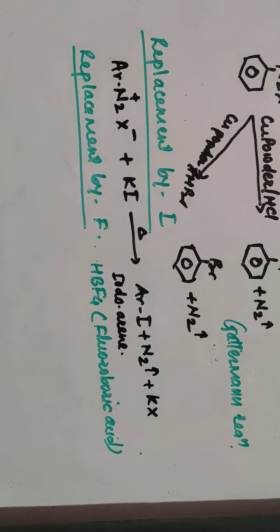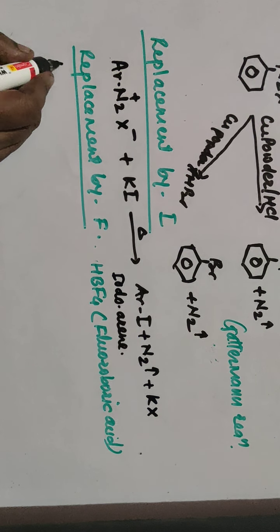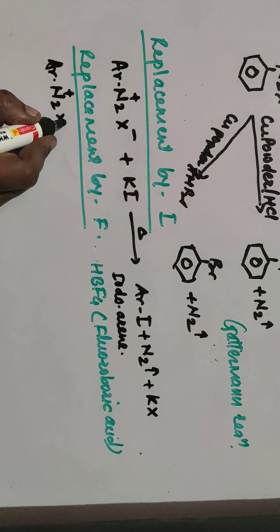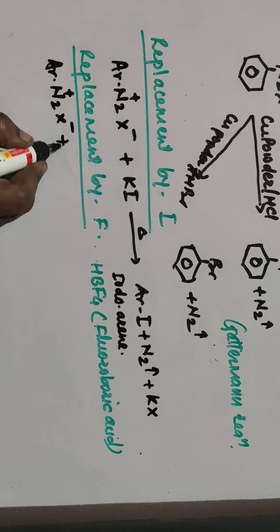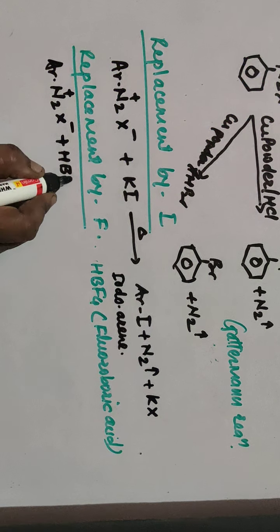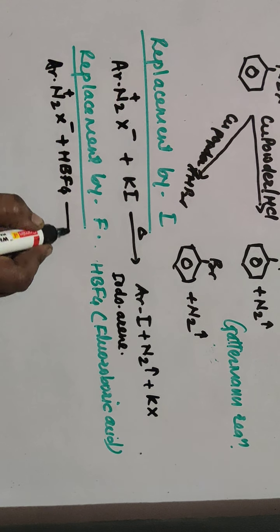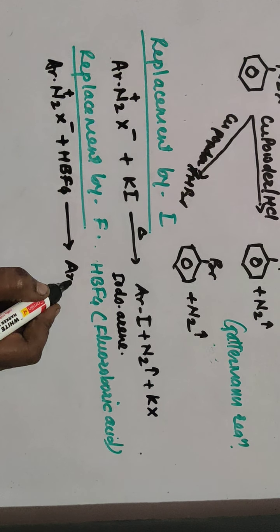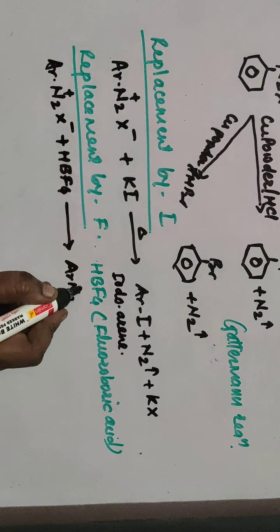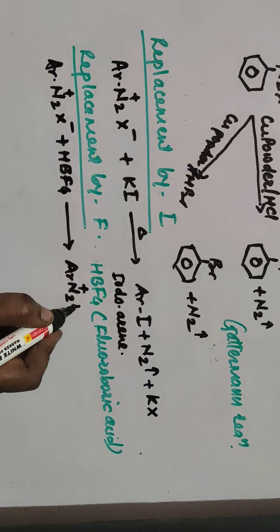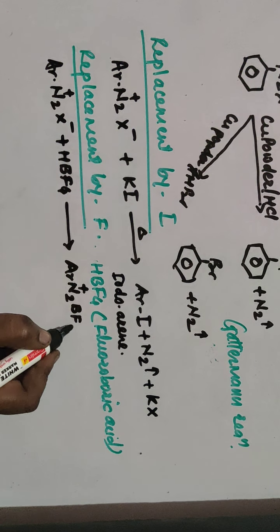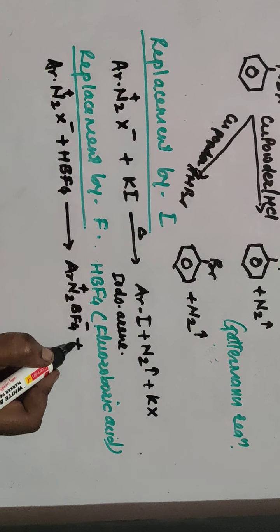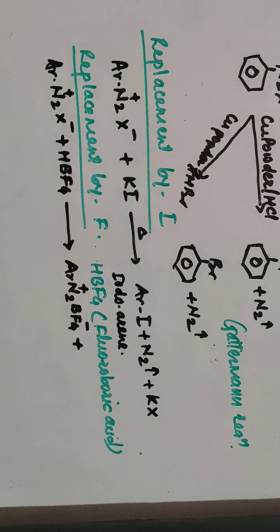So when this diazonium salt, that is Ar N2 plus X minus, is treated with HBF4, then here there is a formation of Ar N2 plus BF4 minus plus HX.